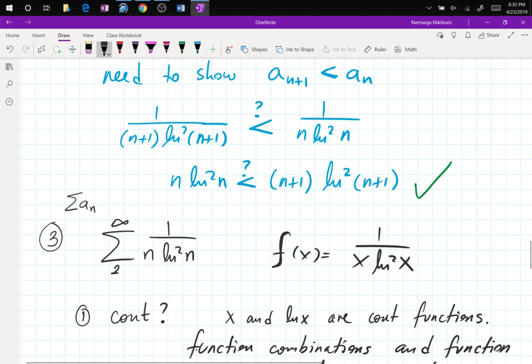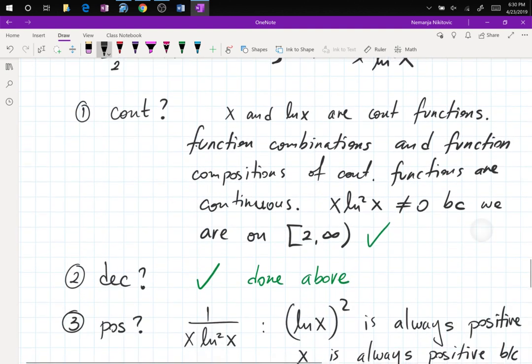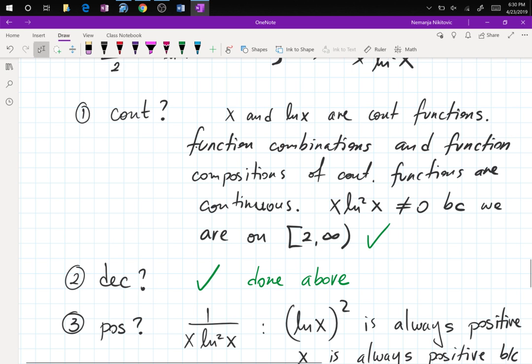So now summation AN. Well, you said integral test. Okay, I can do the integral test, but to do the integral test, we have to show 3 conditions first. So we don't have to do the integral test? Actually, we don't. So what could we have done instead? Comparison to p-series and be done in 2 lines. Then why don't we do that? Oh, it's good to review the integral test. It's good for experience, exactly.